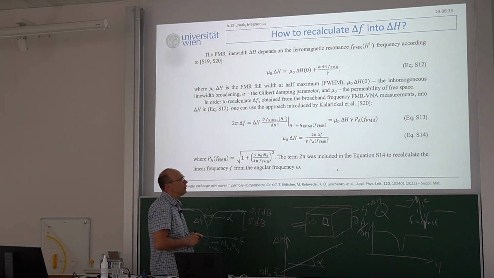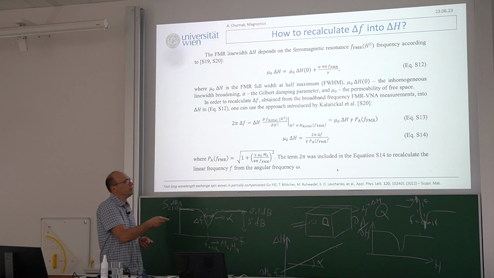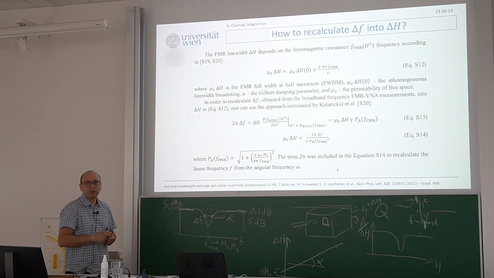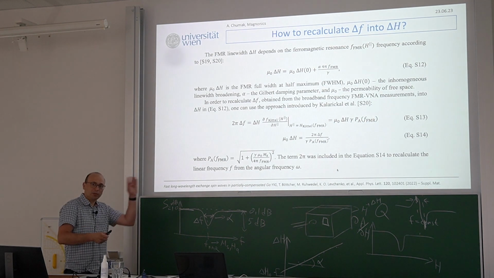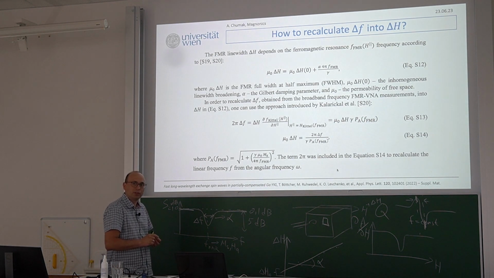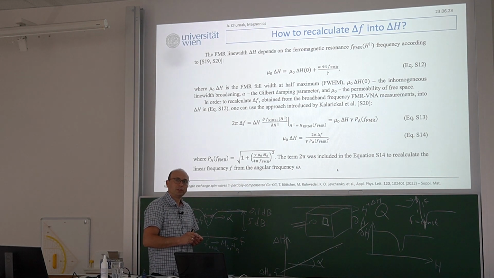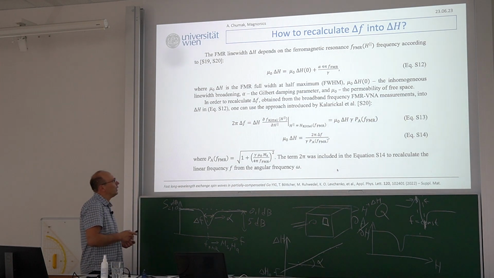No, I think the slope will be different because this P, you multiply delta H by this. So if it would be 0.5, then probably the slope will be 2 times different. But you said before that yes, it is dependent on the FMR frequency, but mostly you ignore it, no? Or did I understand that correctly?